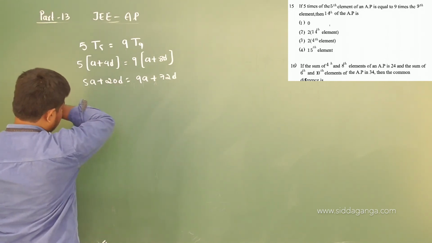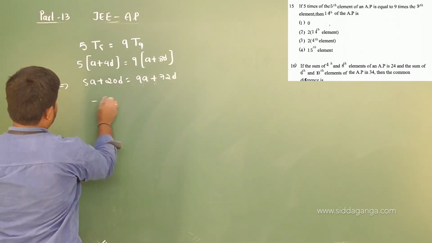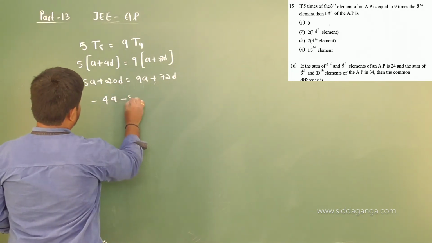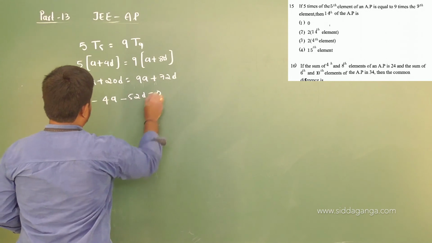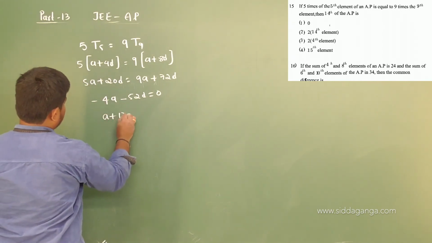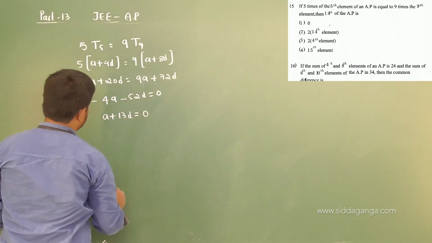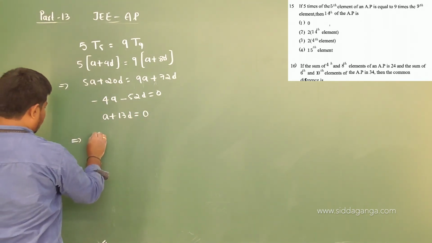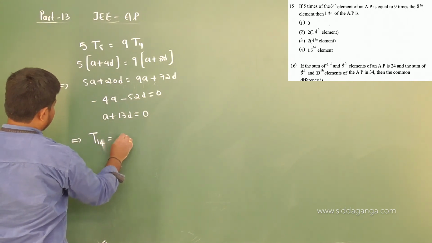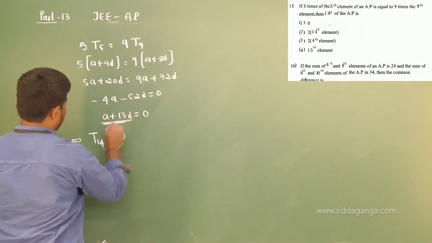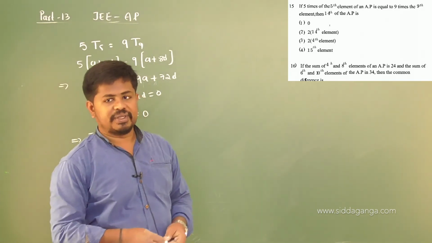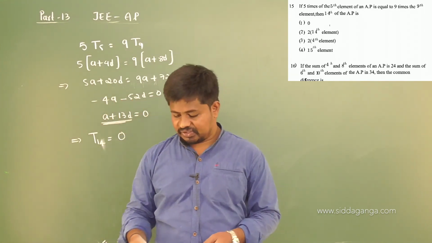You can write this as minus 4a minus 52d equals 0, or dividing by minus 4 on both sides, you get a plus 13d is equal to 0. A plus 13d is nothing but the 14th element. So the 14th element of the AP is 0, that is the first option.